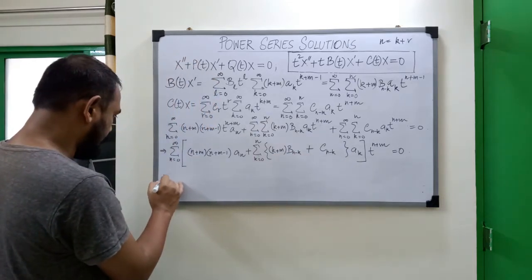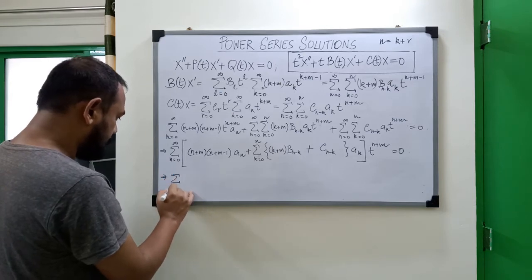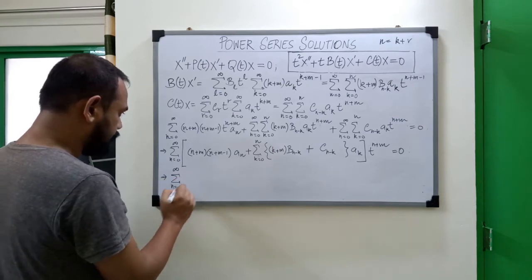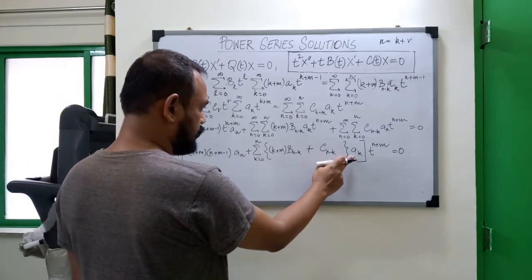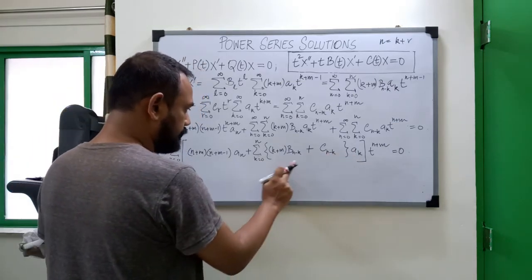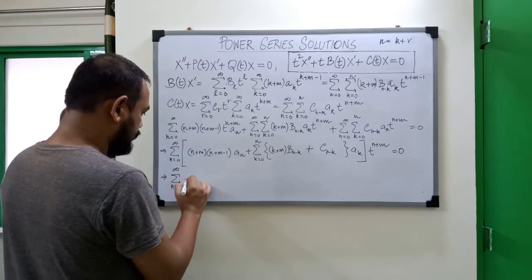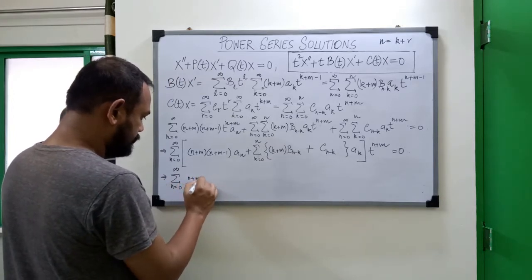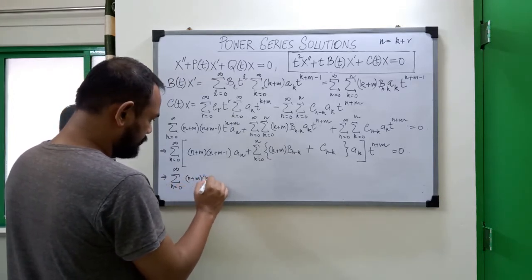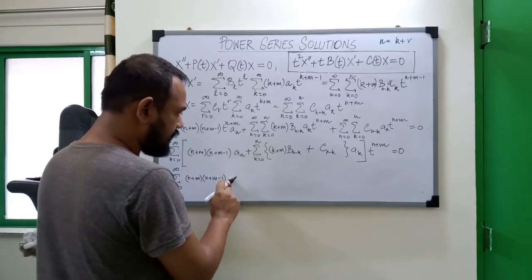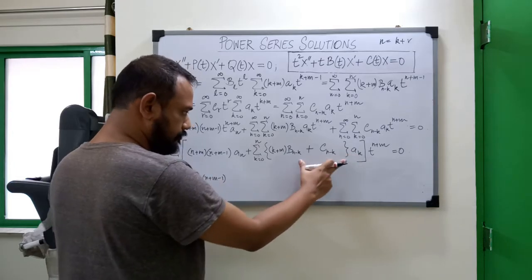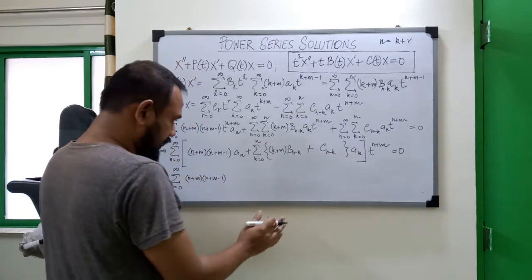So we'll just have that one last step where n goes from 0 to infinity. What happens if I take out the nth term from here? I will have (n+m)(n+m-1) from here. I'm not writing the a_n here because I will have an a_n from this one, which I will take out common.